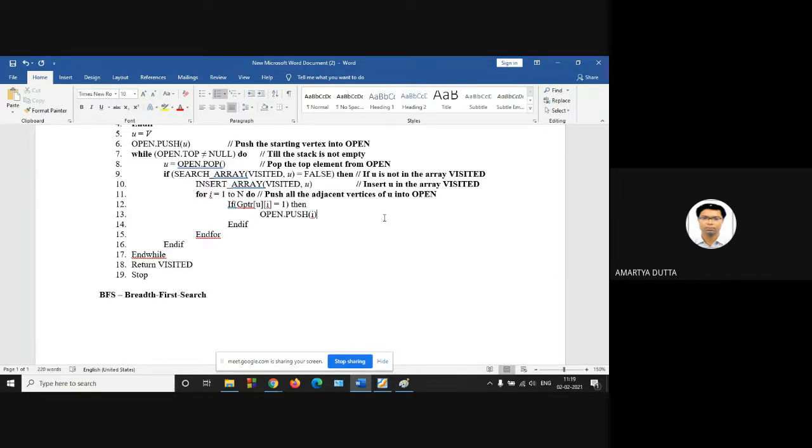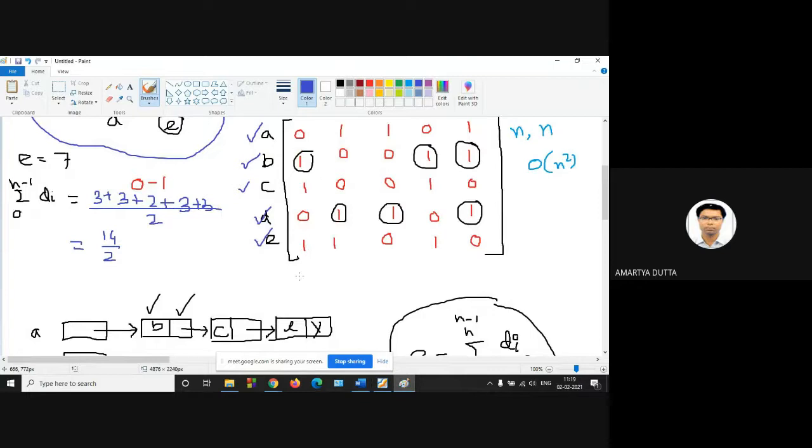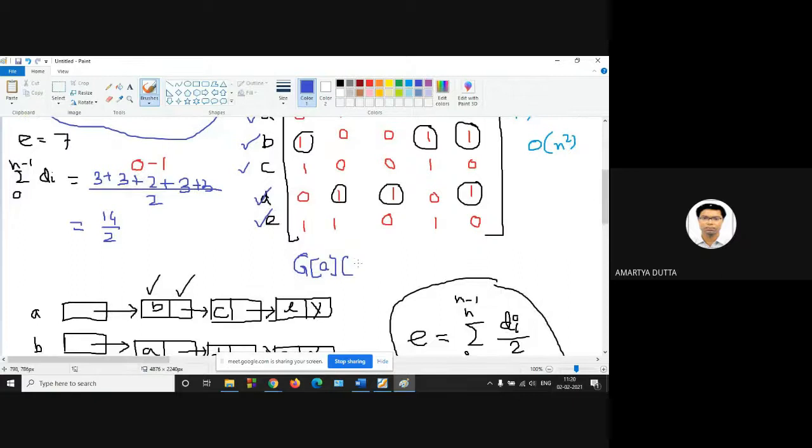Just like here, if the graph is G, let this be G. So G A and E. So what is the value?